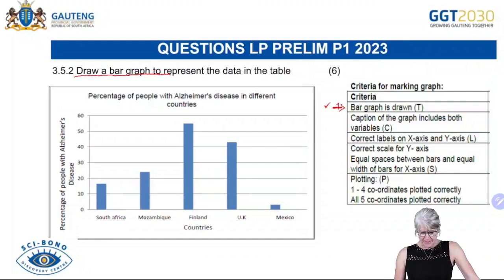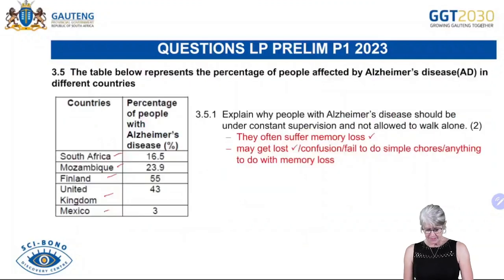And then we're going to draw the graph, and what's important then again is to have a look at the information in the table. So I'm just going to go back to the table, and there we can see there's percentage of people with Alzheimer's disease. So that's what we're going to record, how many people in the different countries.